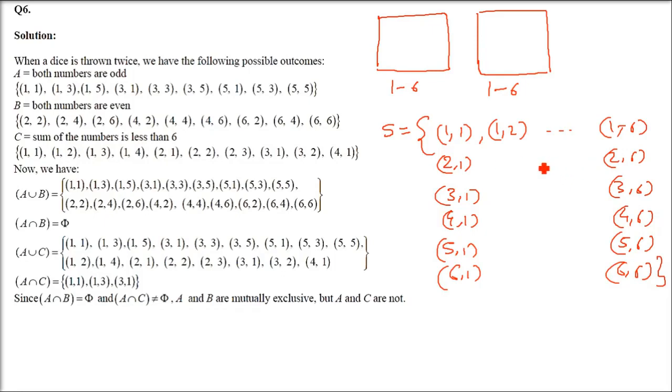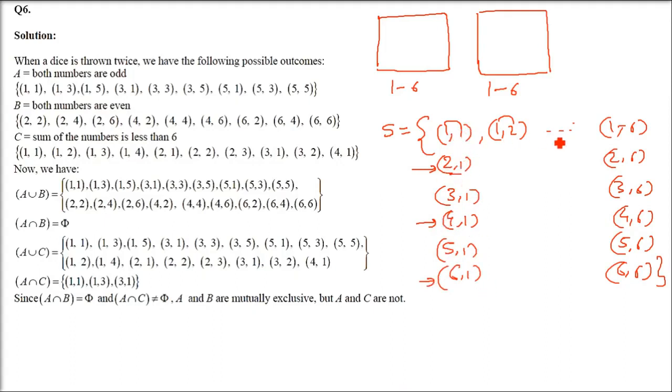Now the set A is both numbers are odd. So 11, 13, 15. 14, 12, 16 will not come because we have to have both numbers odd. The 2 row, 4 row and 6 row will not come because we have an even number there.